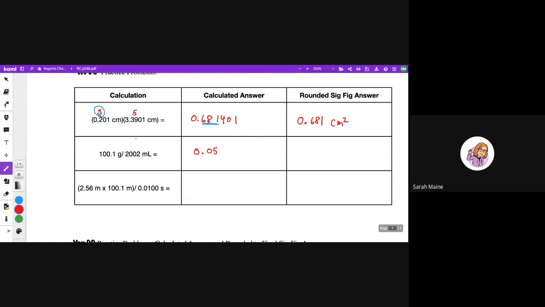So like before, go back to the 2 measurements that were used in the math. So 100.1 has 4 sig figs. 2002, because in both these numbers the zeros are trapped, this also has 4. So that means that when we record our final answer, it must have 4 significant figures.